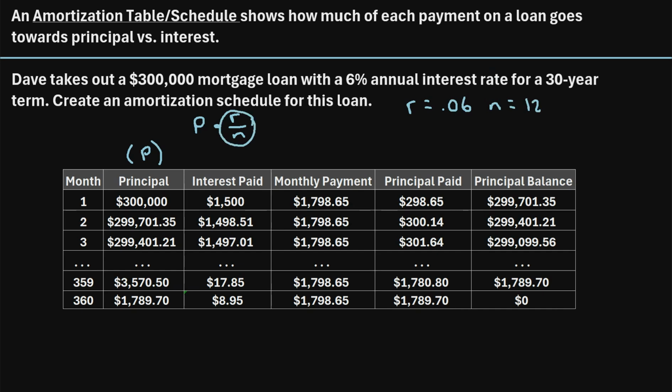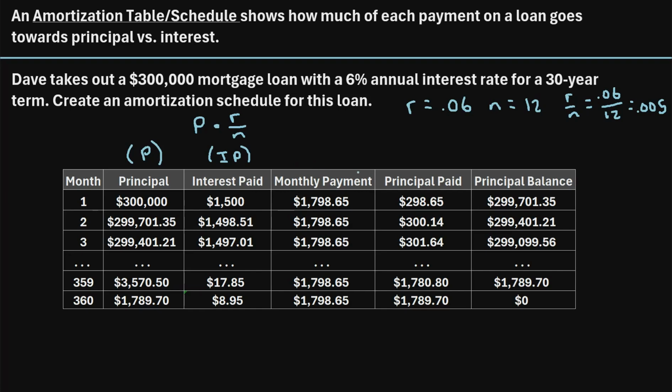So this value of R over N is 0.06 divided by 12, which is 0.005. So to get this interest paid column, we're taking the principal, $300,000, and multiplying it by 0.005. That turns out to be $1,500. Let's label this column IP for short.